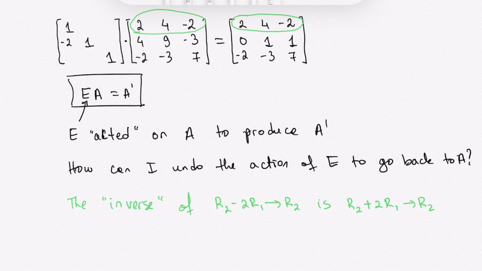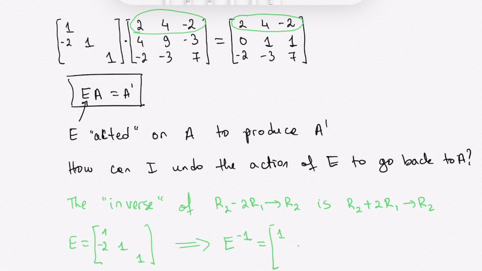Now, if E is 1, negative 2, that and these ones along the diagonal, then E inverse, that's written like this, E inverse, would be the matrix that represents the second operation with the plus. And you see the only difference is whether we have a minus 2 or a plus 2.